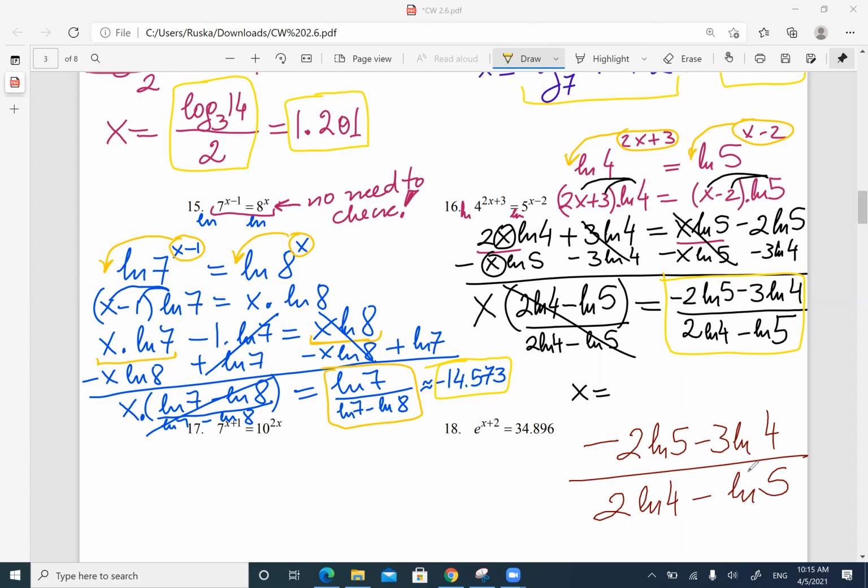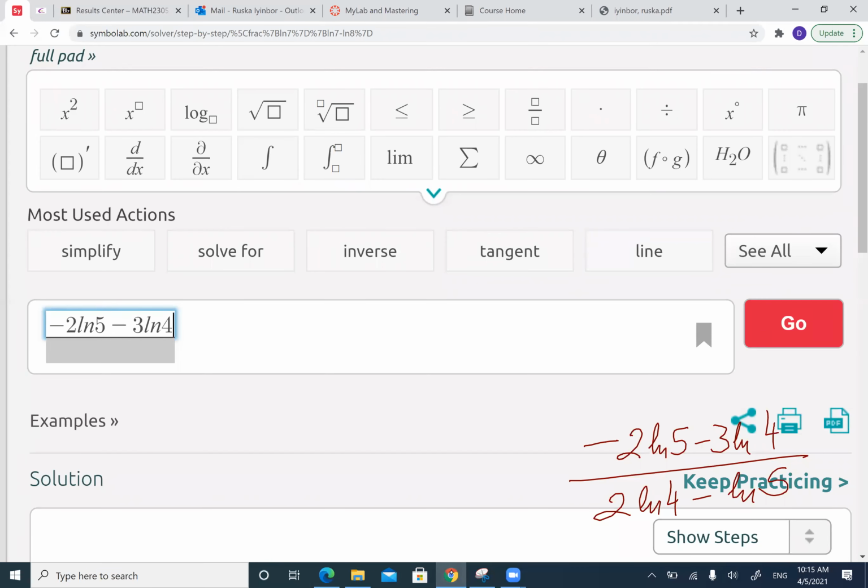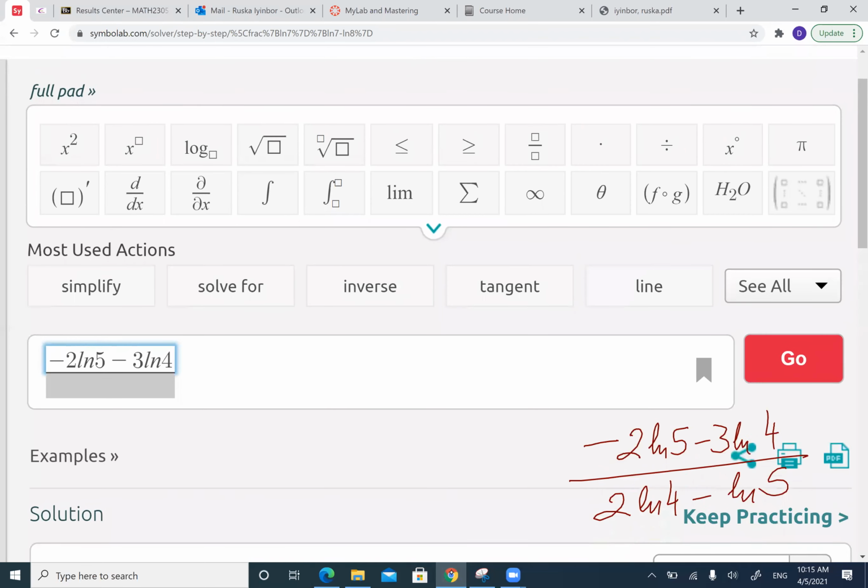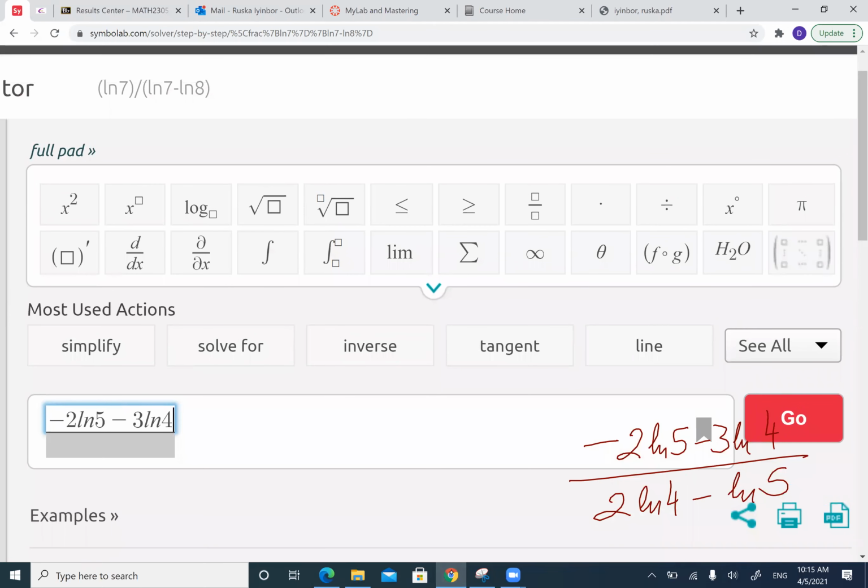I'm just copying it on the screen, so when I switch windows, I'm still going to see that. Okay, so I'm going to plug that into my calculator. Let's double check: negative 2 ln 5 minus 3 ln 4 over 2 ln 4 minus ln 5, like that.